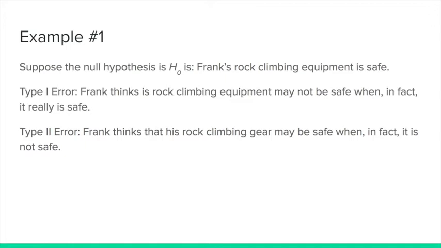A type 2 error would be Frank thinks that his rock climbing gear may be safe when in fact it is not safe. So in a lot of these circumstances you're going to see that there's one outcome here that might be worse than the other.